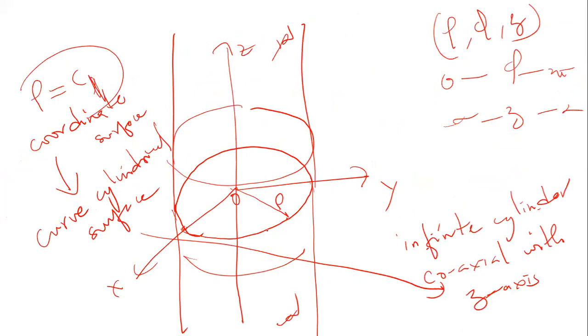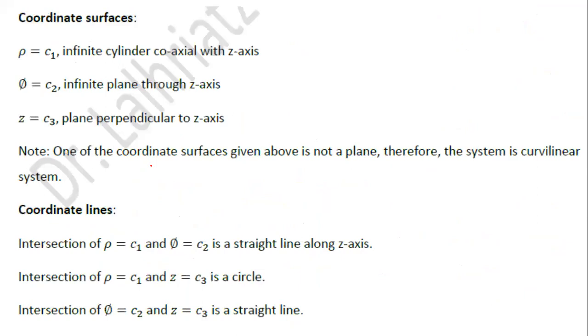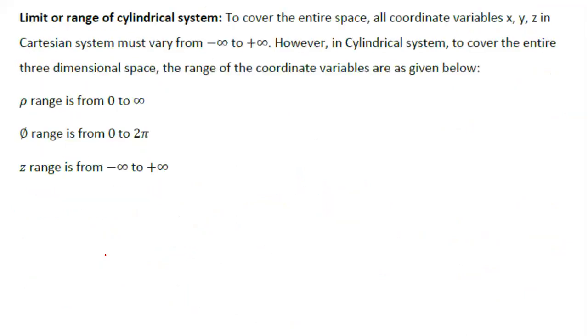Rho equal to c1 surface is an infinite cylinder. It's a curved surface, right? So here I hope you can understand that. Here I have written it's an infinite cylinder. The coordinate lines, intersections and all we will discuss. So rho can extend from 0 to infinity. This I already discussed.